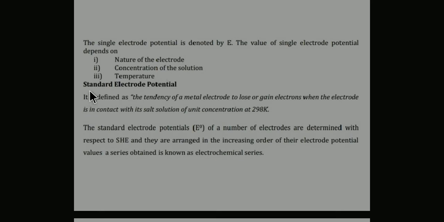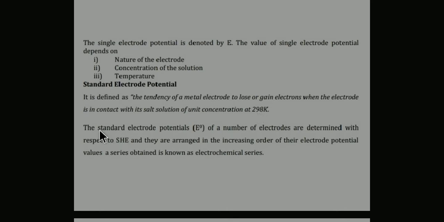Okay, so now standard electrode potential, as you know. Again, this is at standard conditions; it is the same definition, but here you have to maintain some standard conditions, which are obviously temperature and concentration. Concentration should be 1 molar and temperature should be room temperature, that is 298 Kelvin.